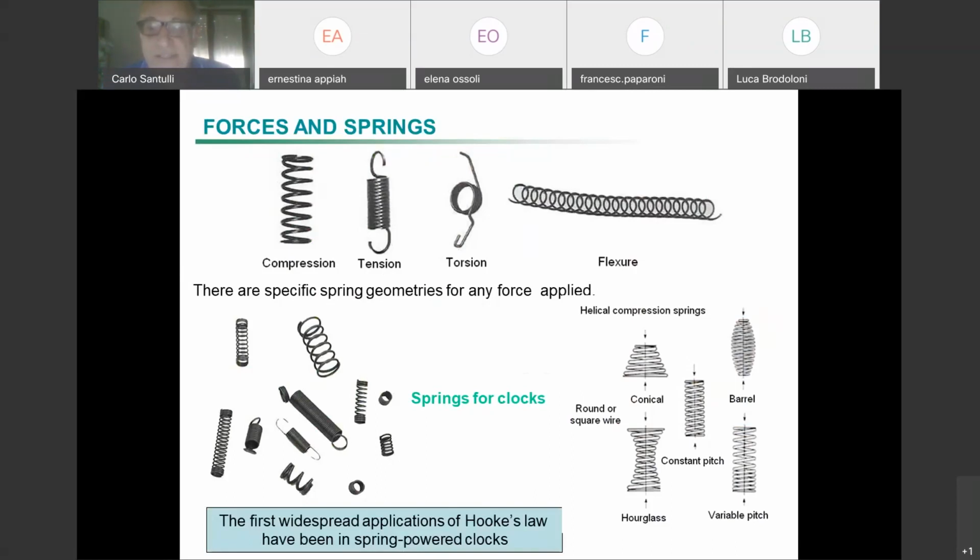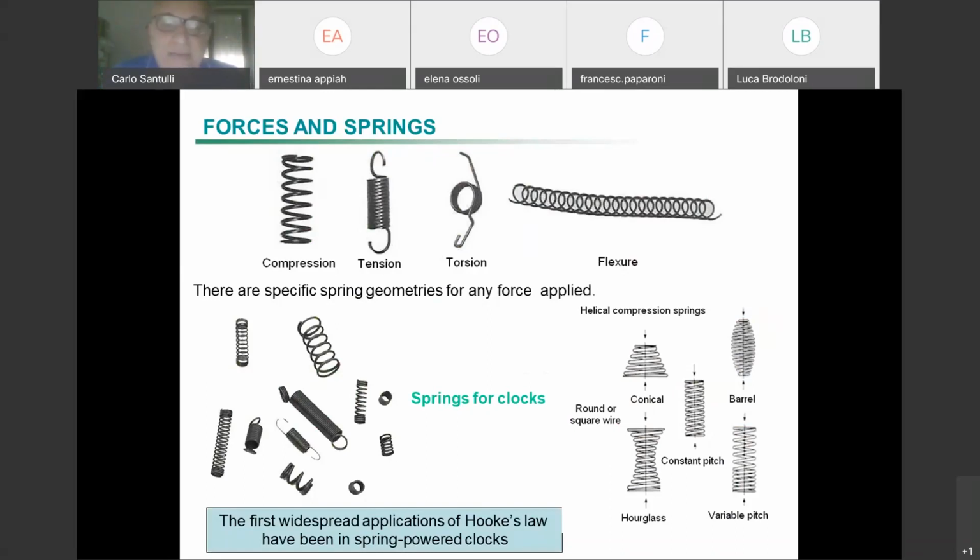In that period, there was development in another field, which was springs for clocks. Clocks were developed at the end of the 17th, beginning of the 18th century.